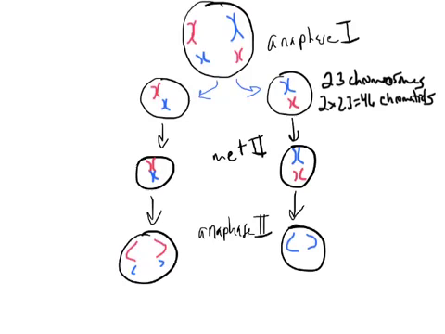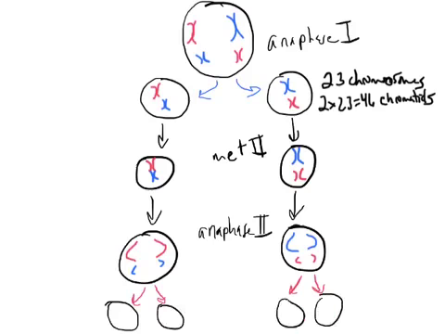And same over here in the other cell. So now, when telophase and cytokinesis happens, each daughter cell has one long chromosome and one short chromosome.